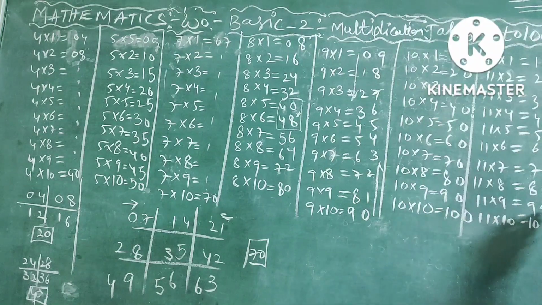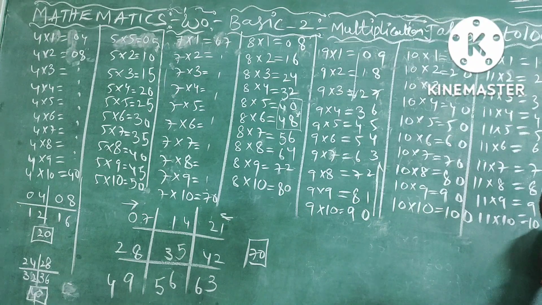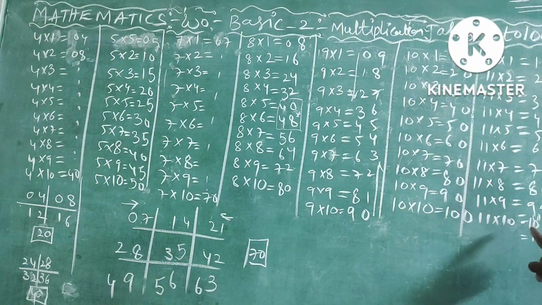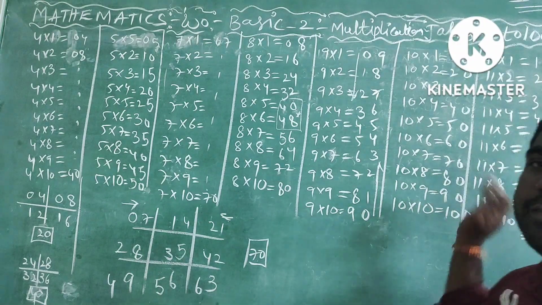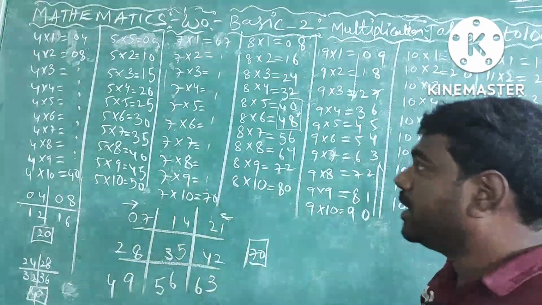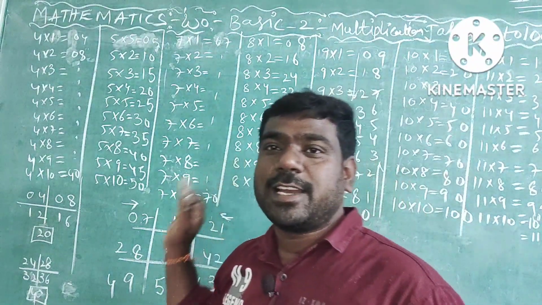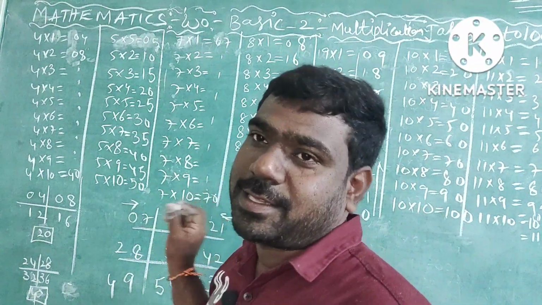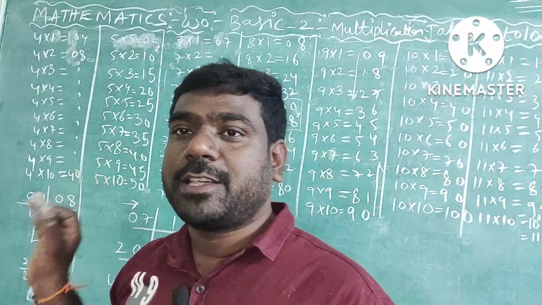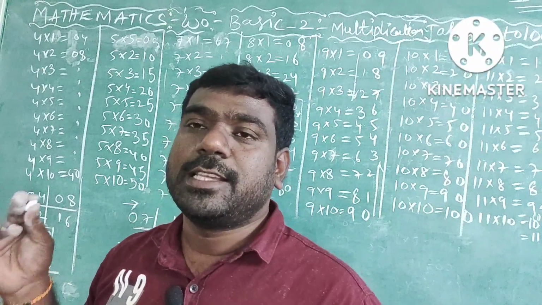Actually in one place we can't write a 2-digit number like 10 here. That's why keep 0 here and carry 1. So 1 plus 10 is 11. In total we will get 110. This is the 11 table trick. I hope you understand the table tricks. Very easy. If you practice, you can remember the tables easily.